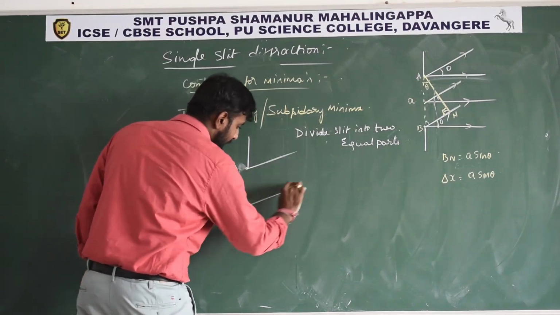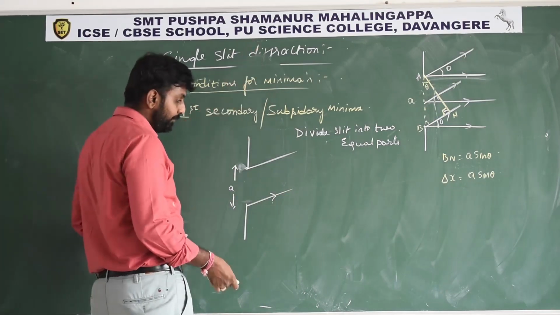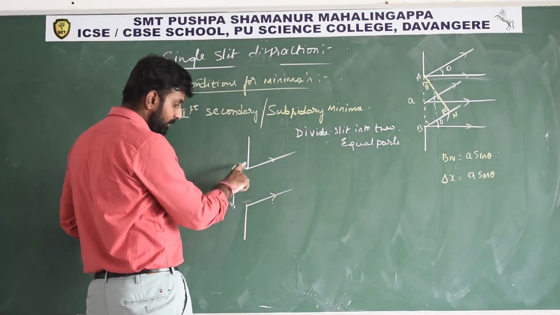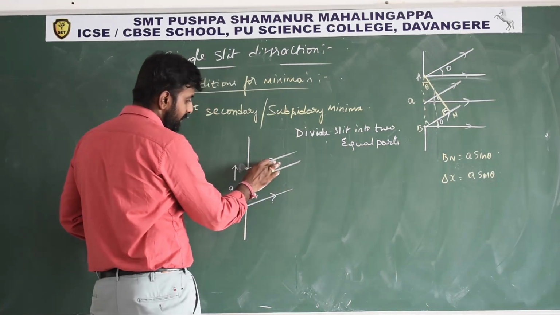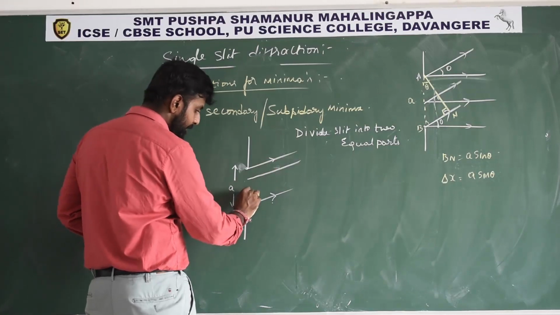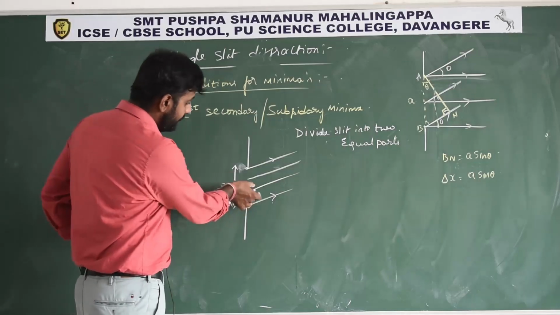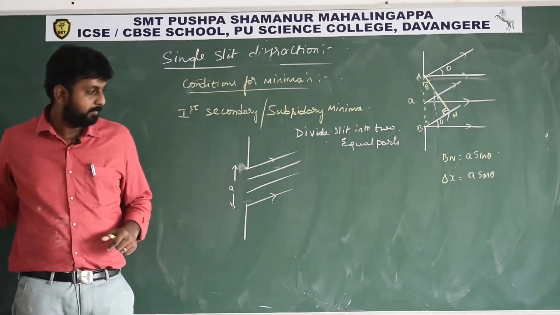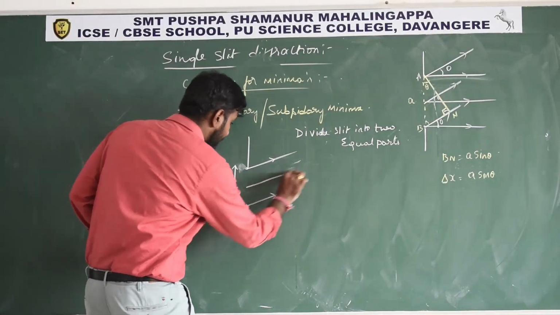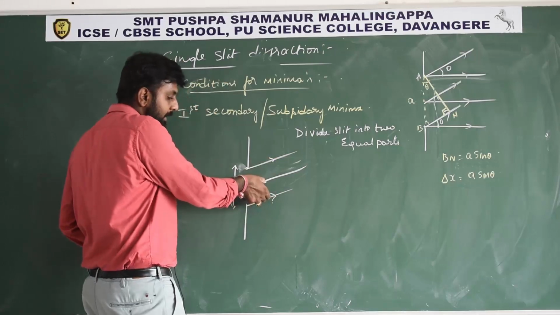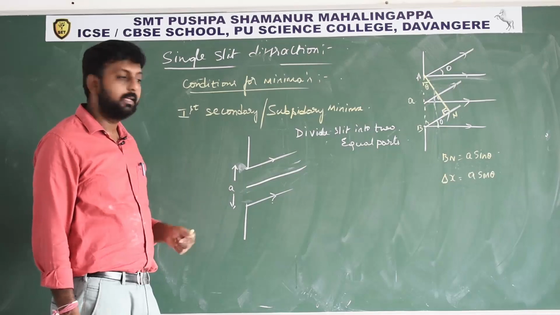So this is one slit. These are the light rays. These are superimposing at point P. Here we have to divide the slit into two equal parts, so we have to consider like this. This is one part and this is the second part, dividing the slit into two equal parts.